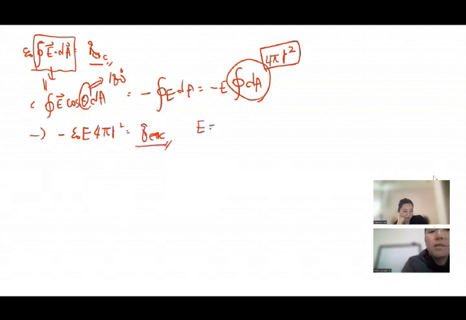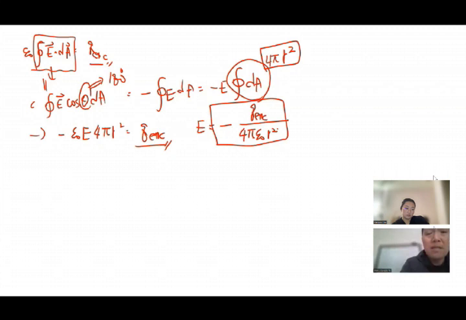So the electric field outside of the shell should be minus Q enclosed over 4 pi epsilon naught r squared. As I said, this Q, the net charge inside of the Gaussian sphere, includes the point charge Q, small q, and the charge of the spherical shell, which is 11e minus 16e, so total charge minus 11e. So that is minus 11e over 4 pi epsilon naught r squared.